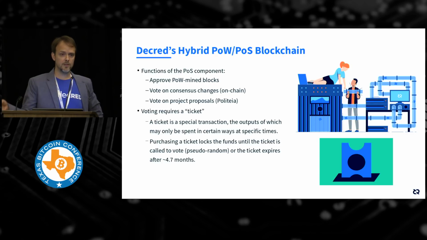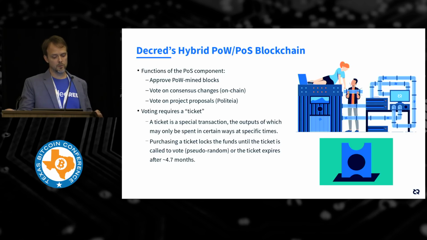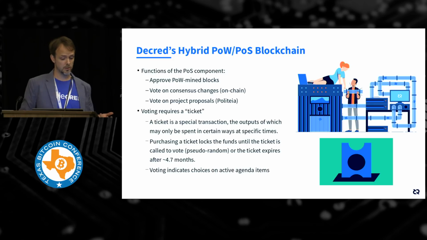Another important detail to understand is that part of what comes with buying a ticket is locking up the funds you spend on the ticket for a period of up to about 4.7 months, with an average time to vote of 28 days. The idea is that you give up some of your liquidity in order to have a say in the future of Decred and to gain the rewards.